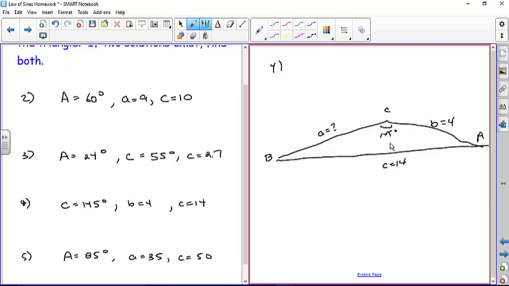So as long as C is greater than B, then we're going to have a solution. And this number is going to be, since this one's 4, this one's 14, this one's going to have to be 13, something like that.